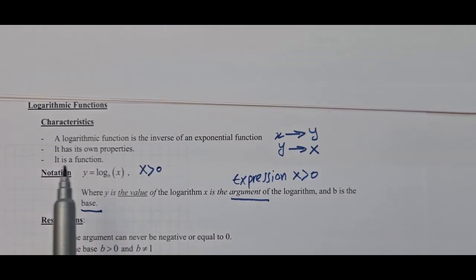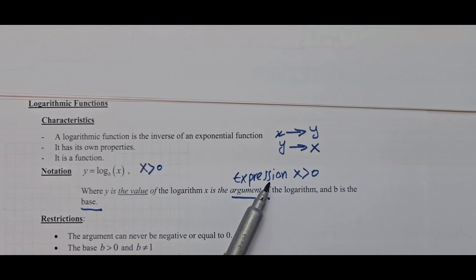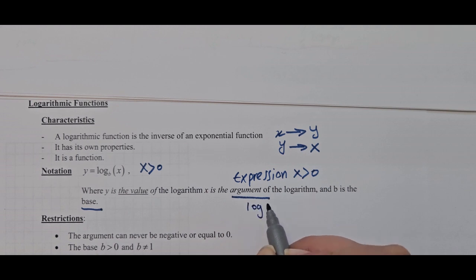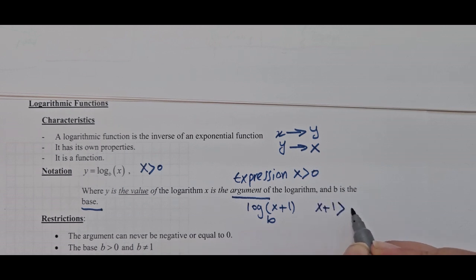As I just mentioned, the argument must be greater than 0. So if the argument is an expression, that means the expression itself must be greater than 0. So let's say if we have log of x plus 1 to the base b, then the x plus 1 must be greater than 0.